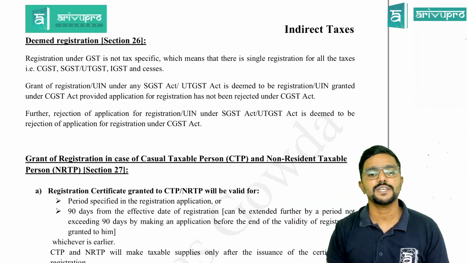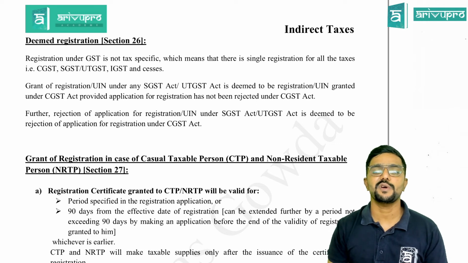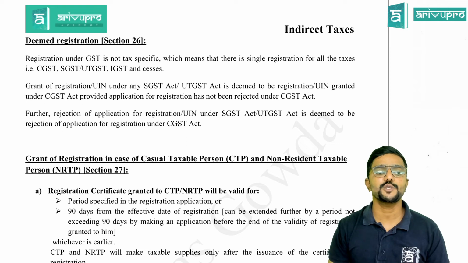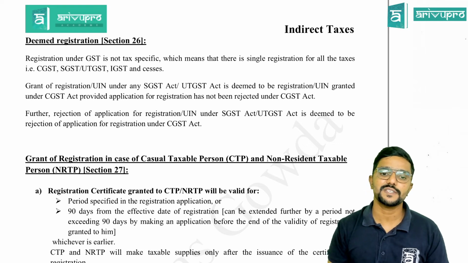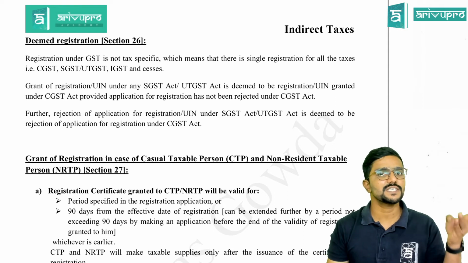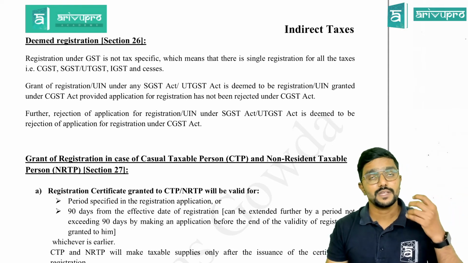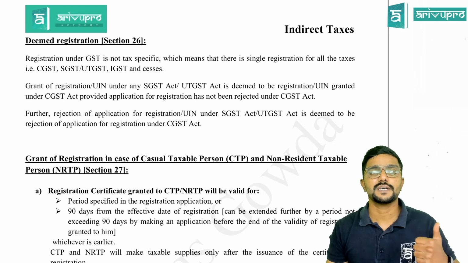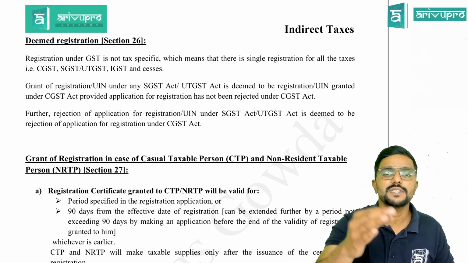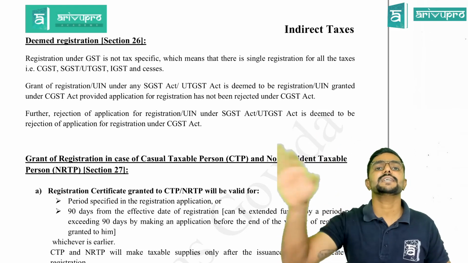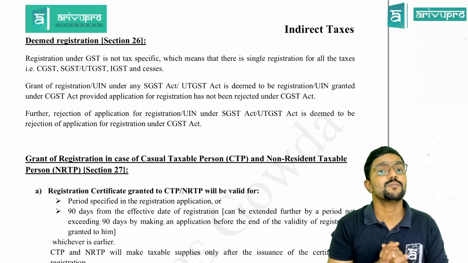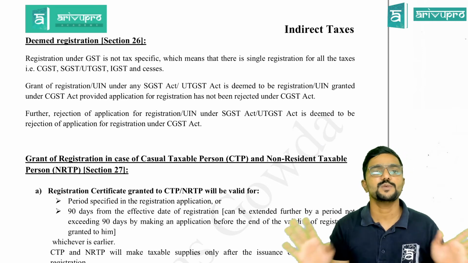Further, rejection of application for registration or UIN under SGST Act or UTGST Act is deemed to be rejection of application for registration under CGST Act. So if your application is rejected under either Act, then it is deemed rejected under CGST Act too. So don't try to apply again and check under CGST Act. It is deemed to be rejected.